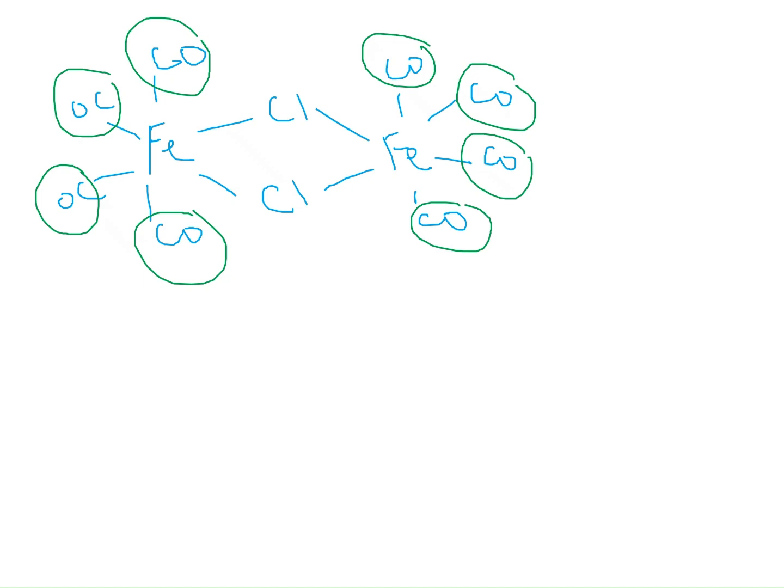But this chlorine is now a bridging ligand because the chlorine now is holding two metals. Now, for a bridging ligand, the number of metals coordinating to that particular ligand can be more than two.